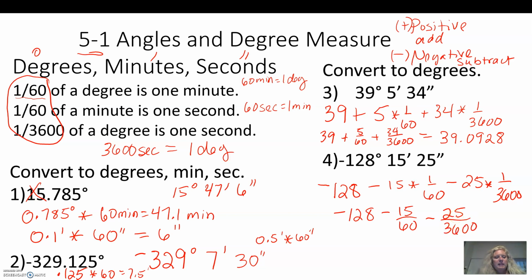And then you grab your handy dandy calculator and you do the problem. You have to have the scientific one. So it is negative 128 minus 15 over 60 minus 25 over 3600.